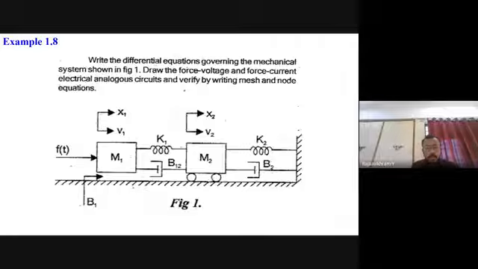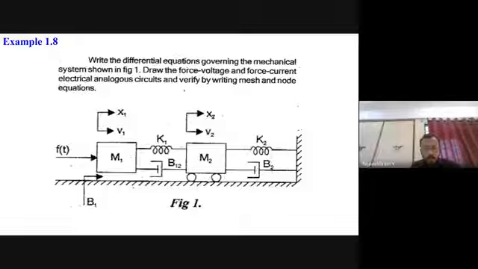So how many nodes in this diagram? How many nodes? How many nodes in this diagram? How many nodes?